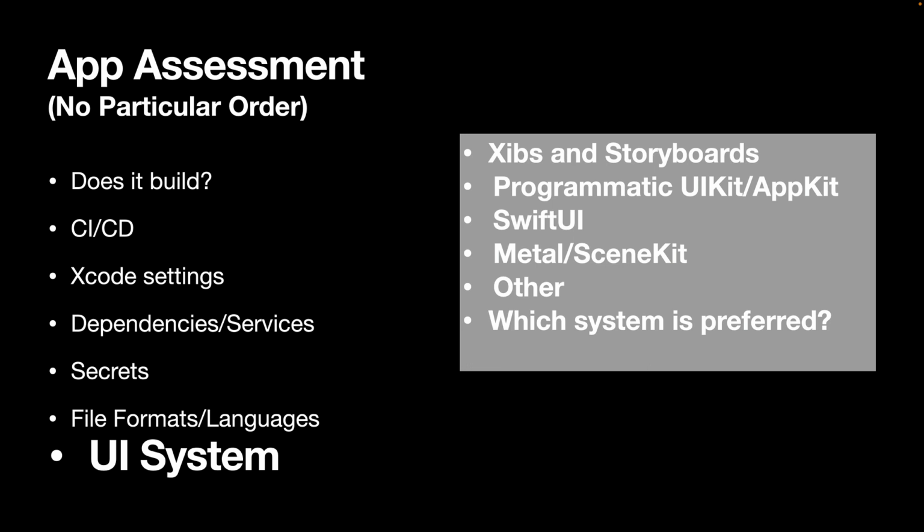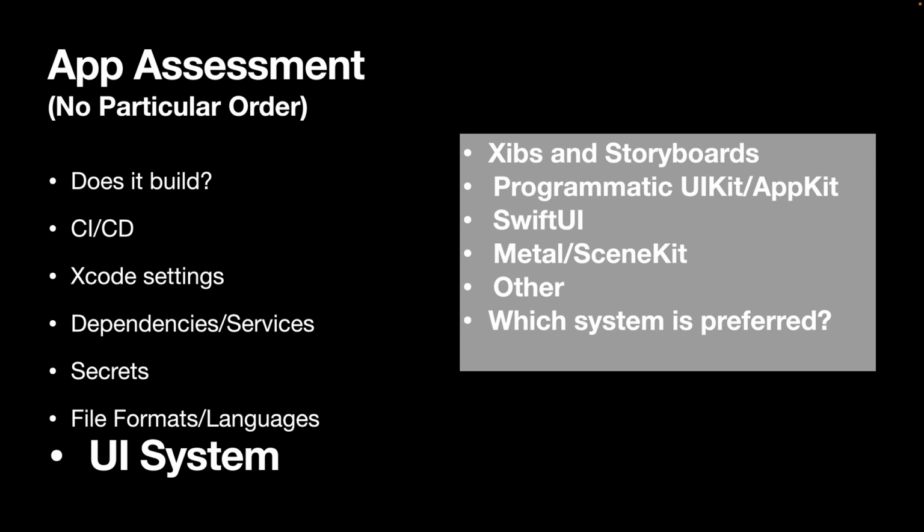Today, there's many ways to build a UI. There's Interface Builder approaches using xibs and storyboards. That's this graphical user interface where you build up your views. Secondly, there's programmatic ways where you write code to build your views. You're using UIKit or AppKit.